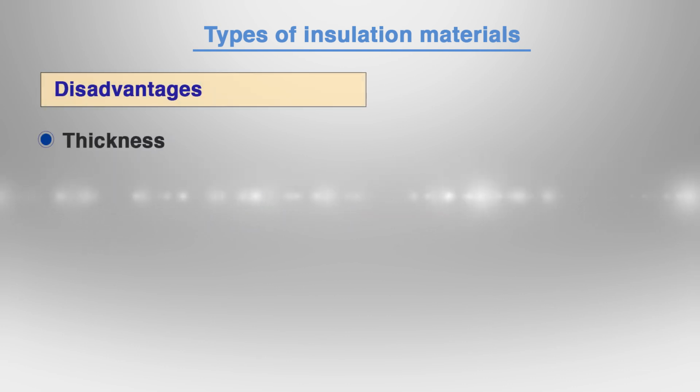It also has disadvantages, like thickness: it requires thick walls, reducing usable floor space. Moisture control: it needs proper detailing to prevent moisture issues. It is used in walls, in the construction of load-bearing and non-load-bearing walls.